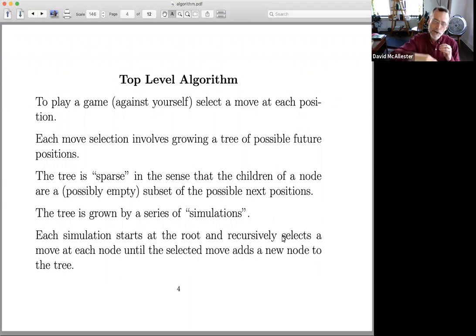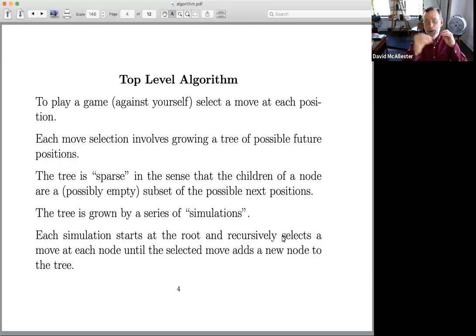We're going to grow the tree by repeating simulations. A simulation is going to be a descent into the tree made by picking a move at each node until the move you pick at a node is introducing a new node in the tree. So it might be a new child of a node that already has children in the tree. But as soon as you introduce a new node into this sparse tree, the simulation ends. And so each simulation is adding a new node to the tree.